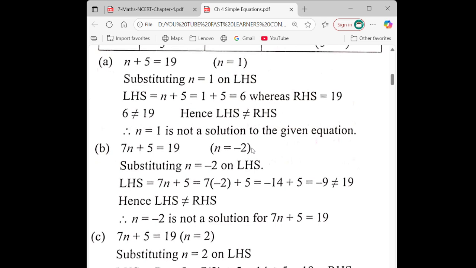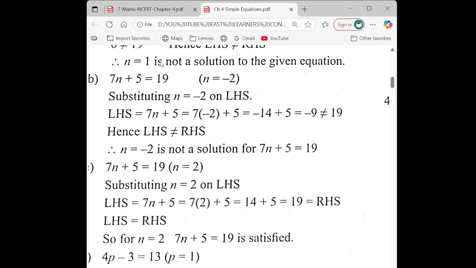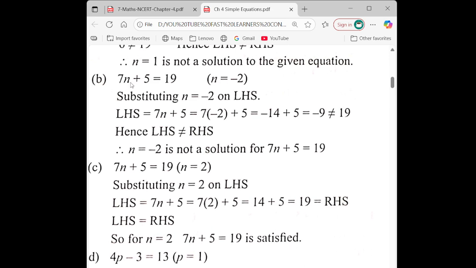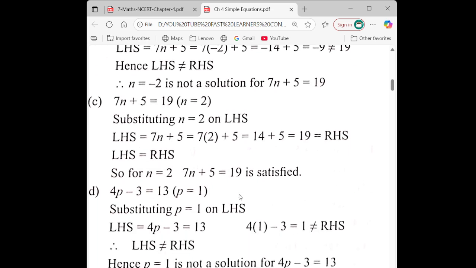of the given equation. Here in B we will be placing n equal to minus 2. So if you put n equal to minus 2 here, 7 times minus 2 will be minus 14. Minus 14 plus 9 will be minus 5. It will not be 19. So here again same thing, this is not a solution.